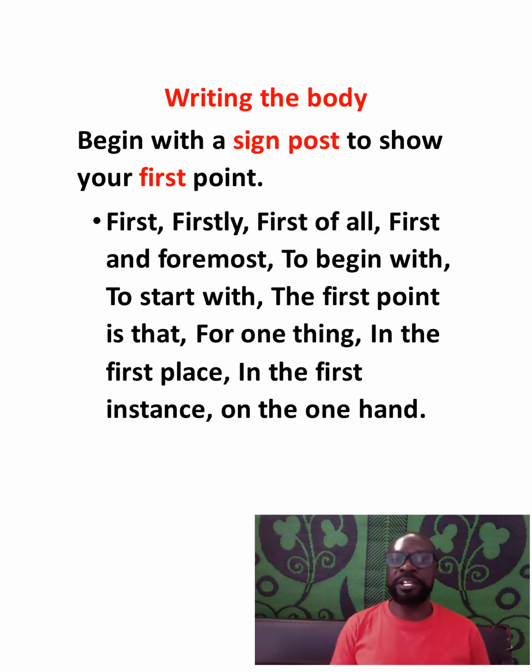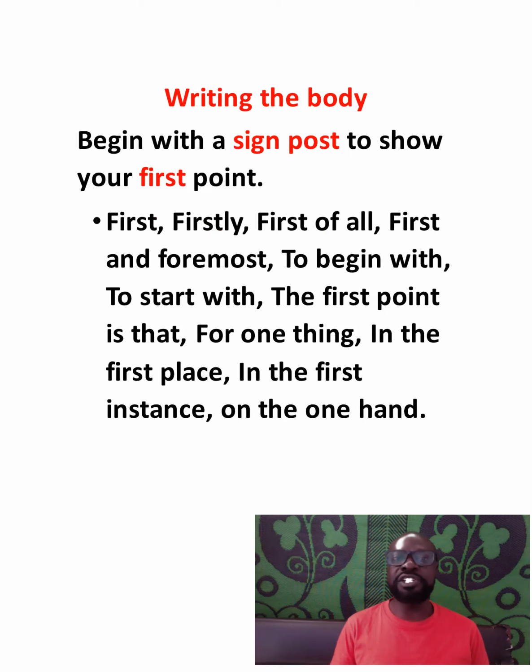Now we go to the body. When you're writing the body, you begin with a signpost to show your first point. It is good when you're writing or speaking to show the listeners or the reader your first point, the second point. A signpost shows you where you are going.